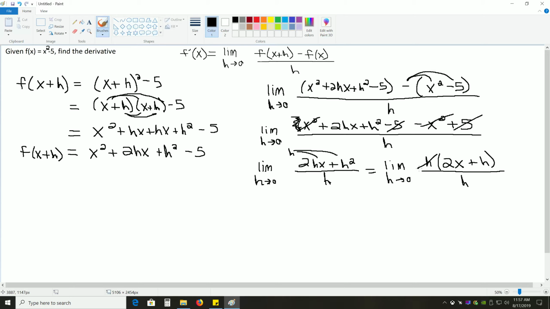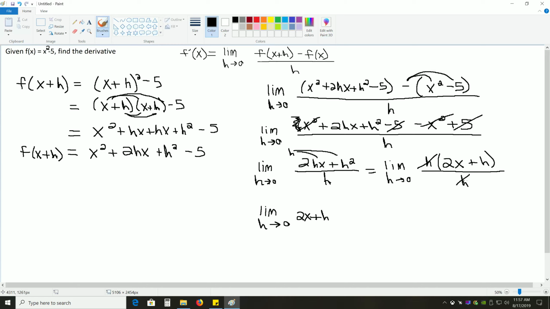So we can cancel out the h's, giving us the limit as h approaches 0 of 2x plus h.